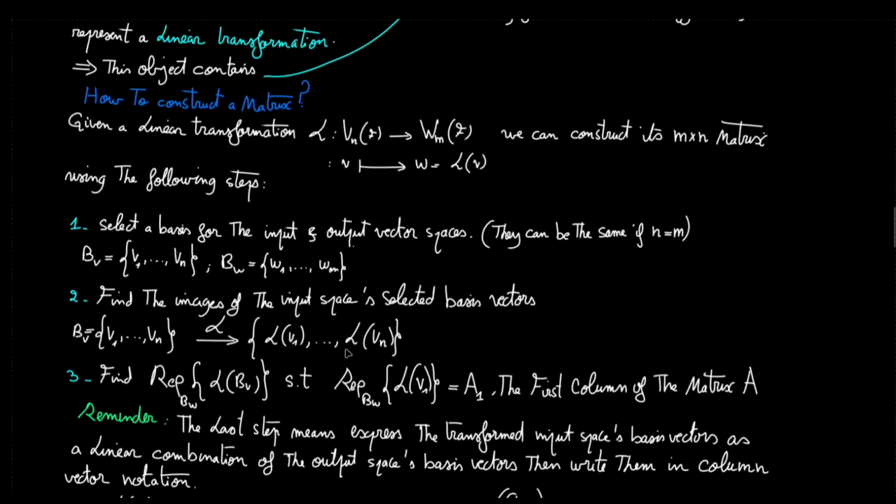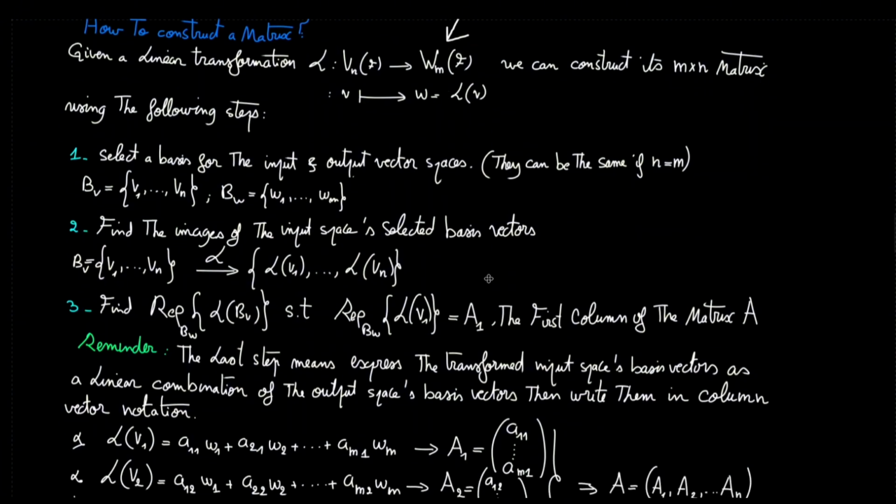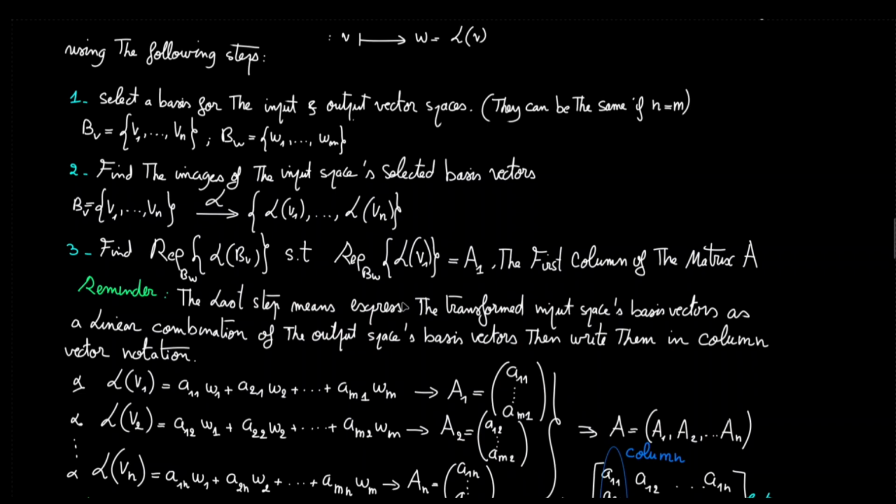So, since this transformed vector W exists in the output space, then we can indeed write it as a linear combination of its basis vectors, the ones that we have selected. And when we obtain those coefficients, we can start building our matrix columns.